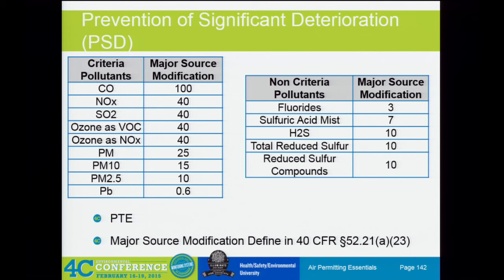For example, in the Houston-Galveston area, we have a major modification level for VOC and NOx of 5 tons per year. If your project is greater than 5 tons per year, you would then go on to netting. And once you do the netting step, it actually has a different threshold, which is 25 tons per year.